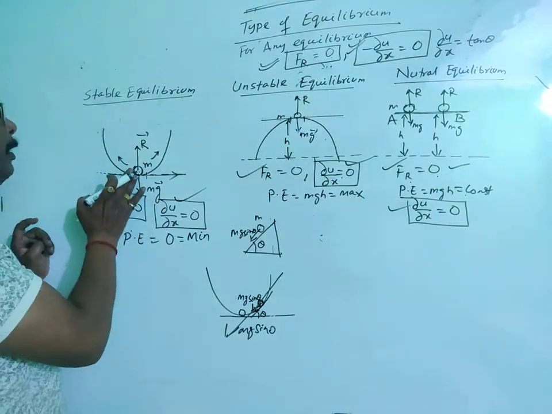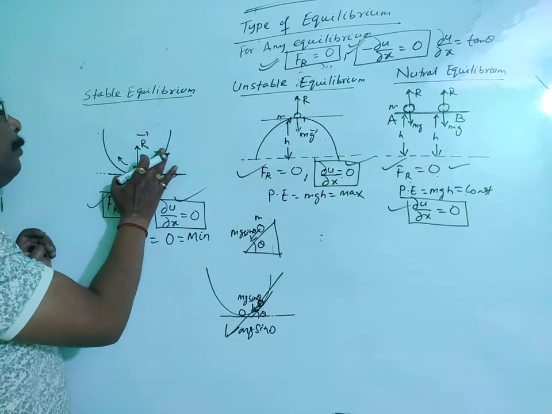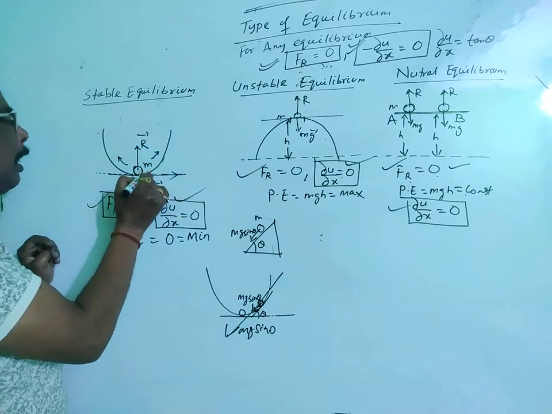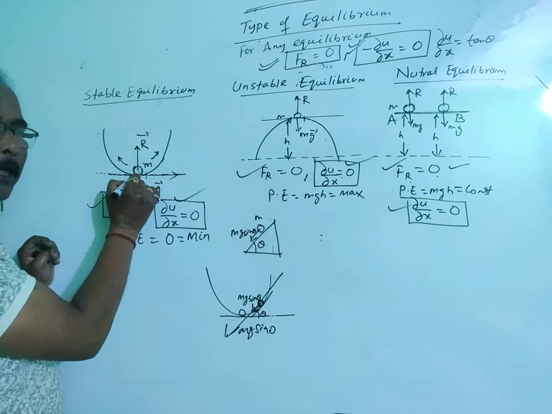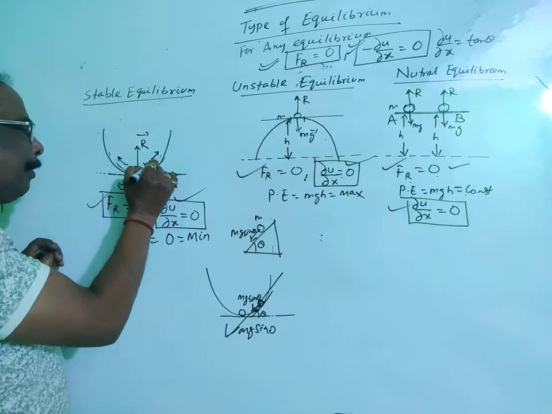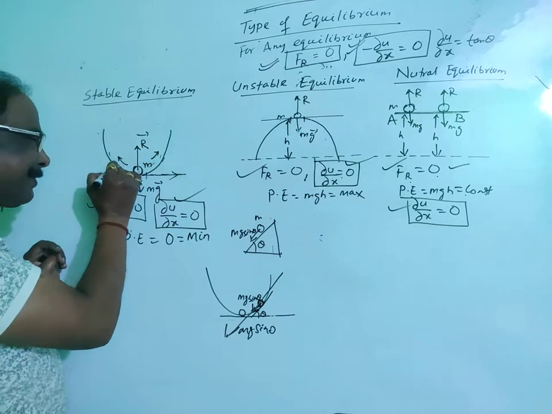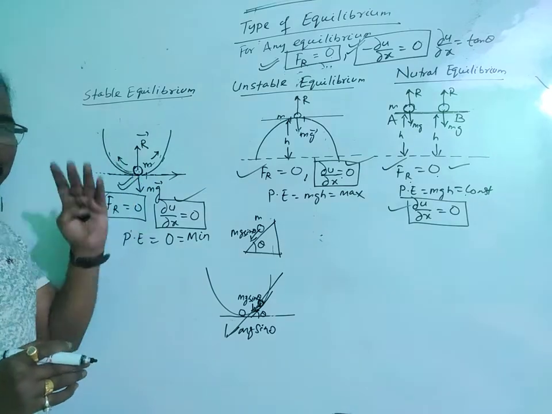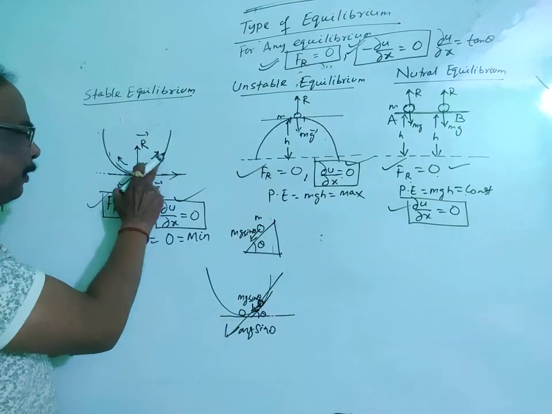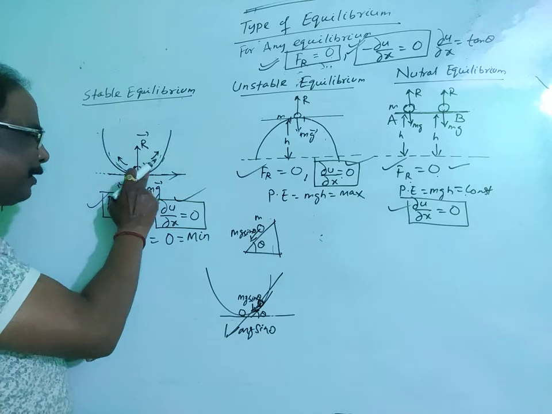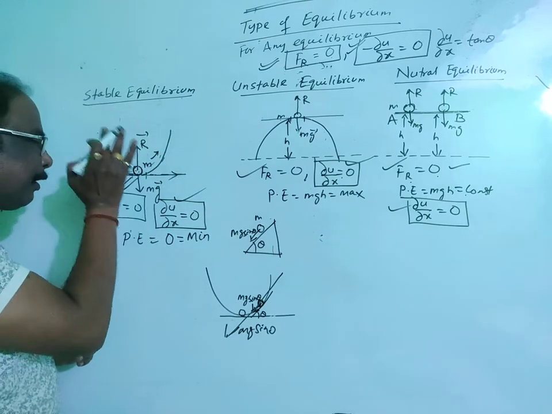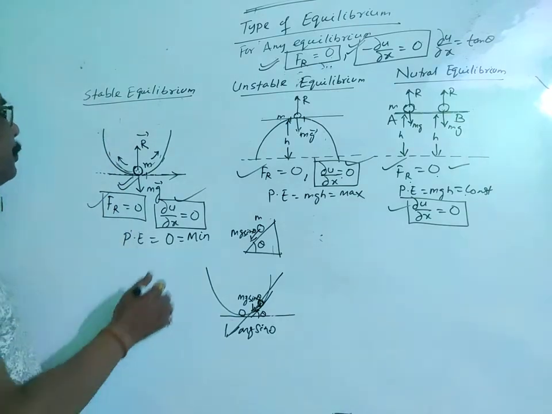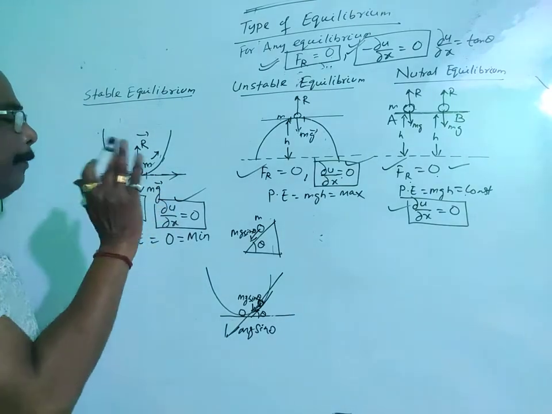Of course, if this body is tilted slightly more, then mg sin theta will bring back the body to this position, and at this position it will acquire inertia of motion and move up, and after some oscillatory motion it will again be stable at this position. But we are considering a small displacement, a small push, then it will return back to its original position. So this is the position of stable equilibrium.